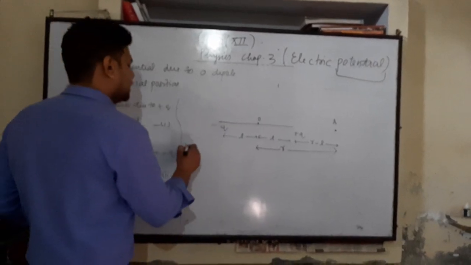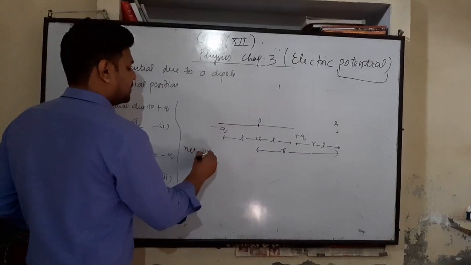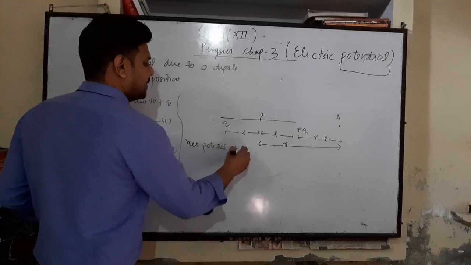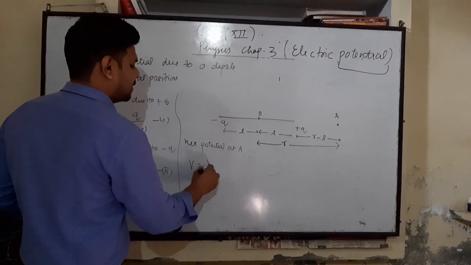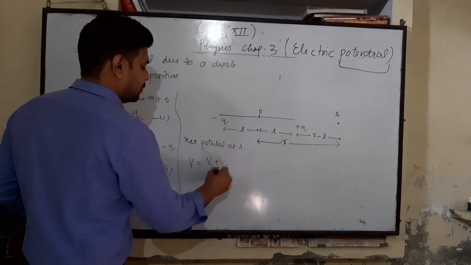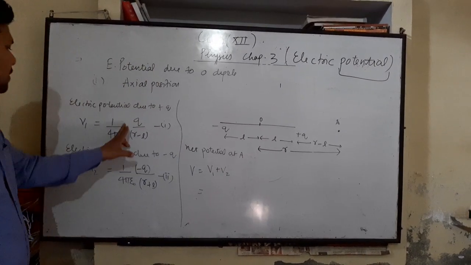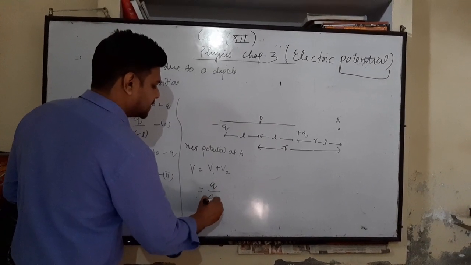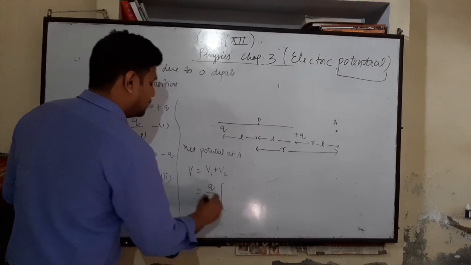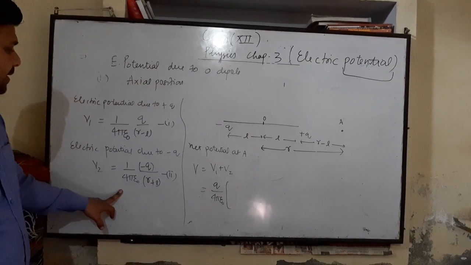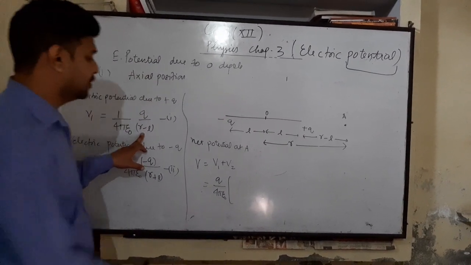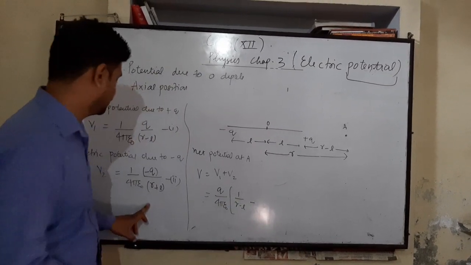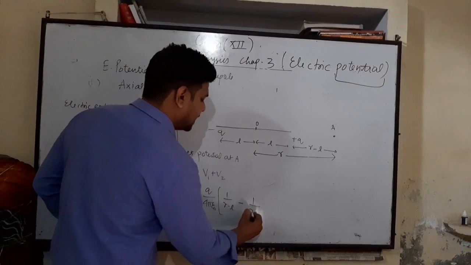So net potential at A, V is equal to V1 plus V2, which is q over 4 pi epsilon naught, with 1 over (r minus l) minus 1 over (r plus l).